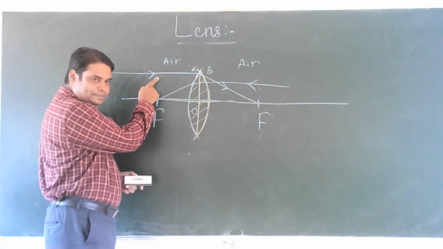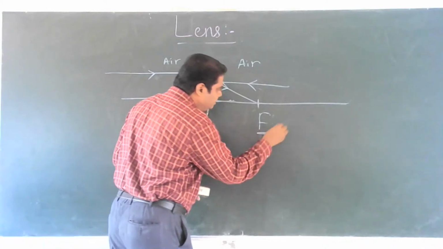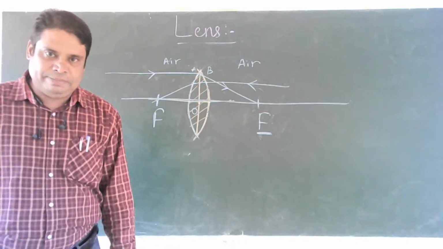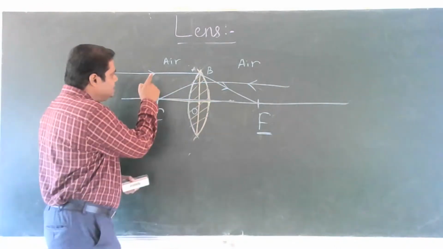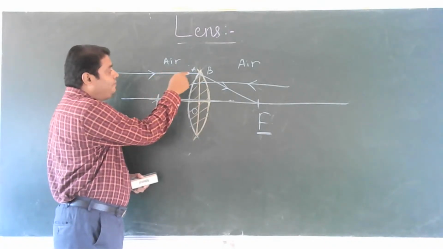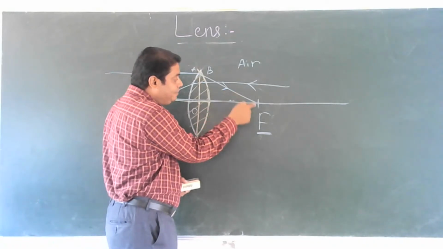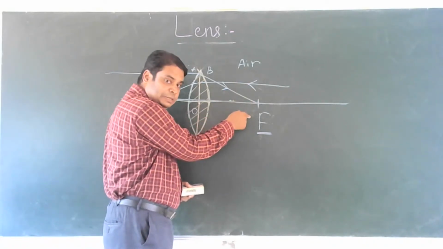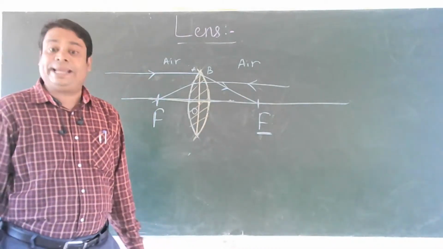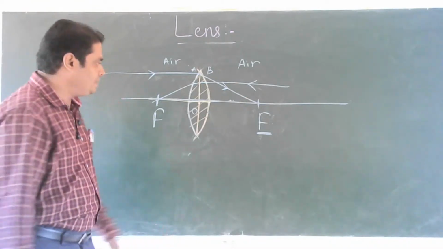If you consider this as the incident ray, then this focus is called the second principal focus. Let me repeat. If you consider this incident ray as the standard one, then after refraction, the point where the refracted ray meets the principal axis is called the second principal focus.